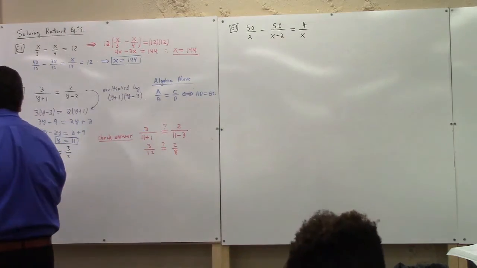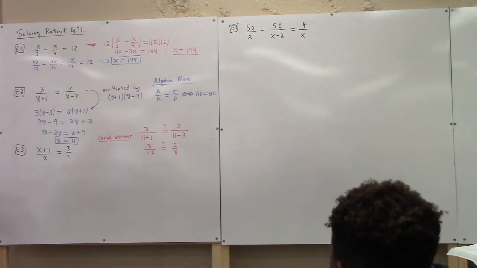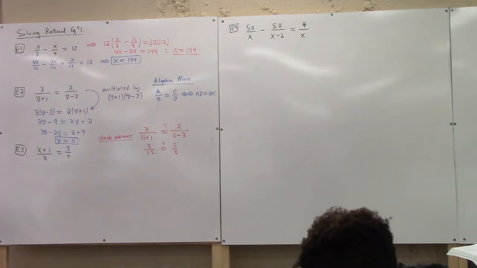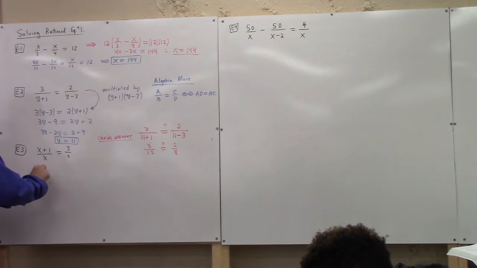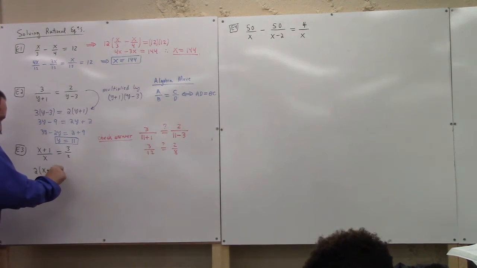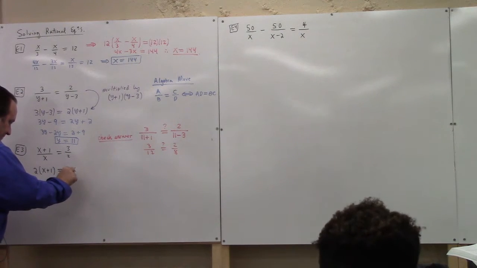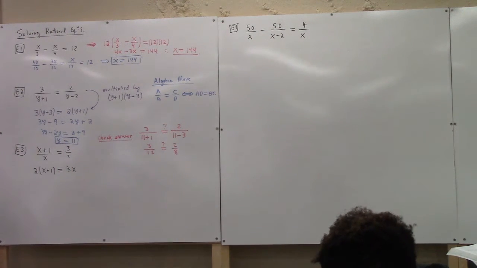I guess we could cross multiply again, right? So what do we get? We get 2 times x plus 1 is equal to 3 times x. So I cross multiplied.